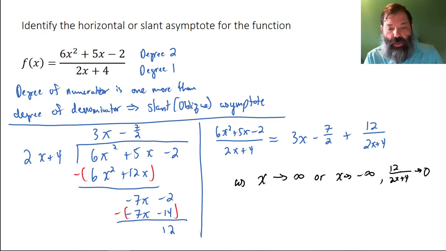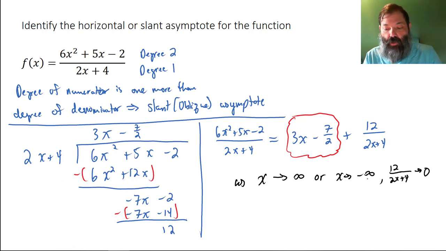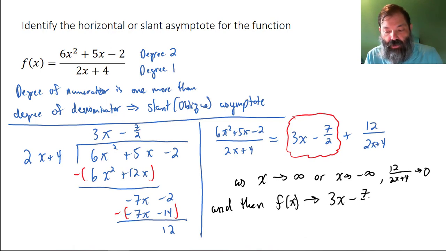And so then what we're left with is this part here, this 3x minus 7 over 2, which will end up being the important part of the function as x becomes large. So as x approaches infinity or negative infinity, the 12 over (2x plus 4) approaches 0, and f of x will approach 3x minus 7 over 2.